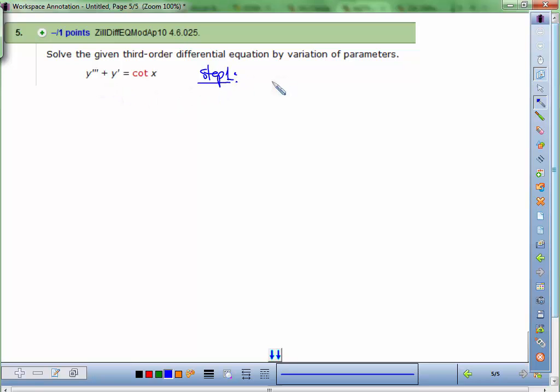Step 1, we got y triple prime minus y prime is equal to 0. Our complementary or auxiliary equation is m cubed minus m is equal to 0. Wait, is it plus m? Plus m is equal to 0. And we factor out an m, we're going to get m is equal to 0.